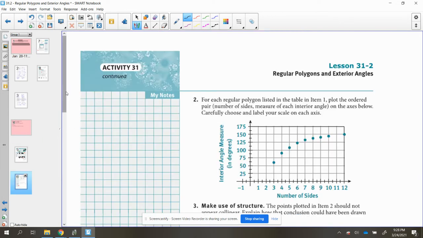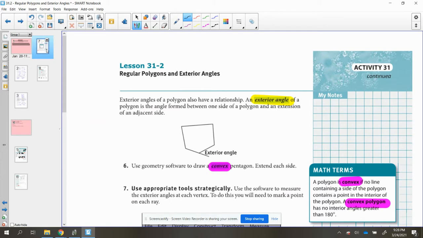Now, we're going to skip over the next page, 454, and jump to page 455, where we see the vocabulary word exterior angle. And like we talked about interior angles in the previous lesson, an exterior angle is on the exterior of our polygon, on the outside of our polygon. Now, convex polygons are what we traditionally think of when we think of a polygon.